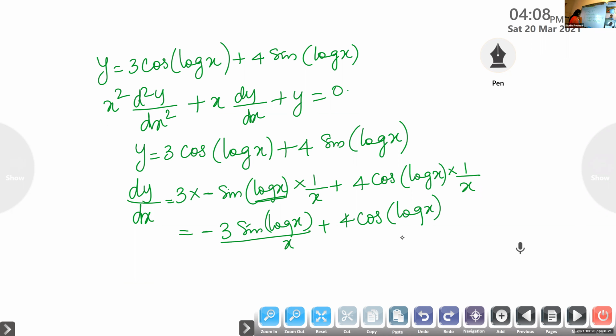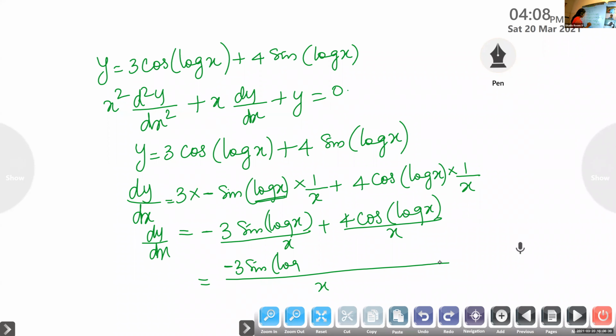This is dy by dx. Now look at here. Here the x we can take it as common. So minus 3 sine of log x plus 4 cos of log x, all over x. This is dy by dx. Now I want d square y by dx square. Listen children. We want to find d square y by dx square.